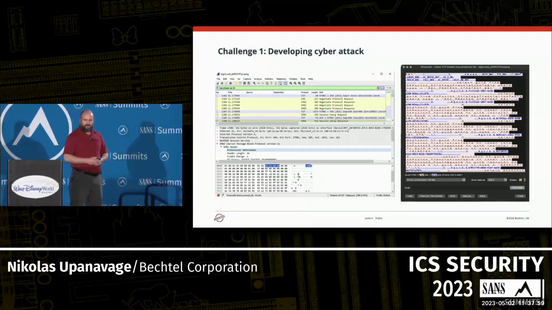We also looked at possibly doing a replay attack, replaying some traffic back to the controller. We saw that there was some SMB2 authentication, so it would be challenging to just replay traffic, especially when thinking about stealing credentials and things like that.